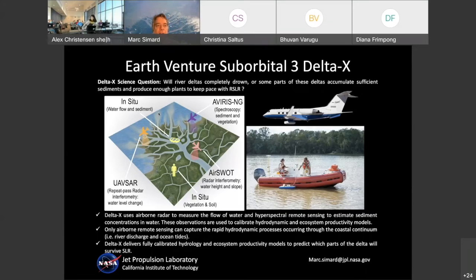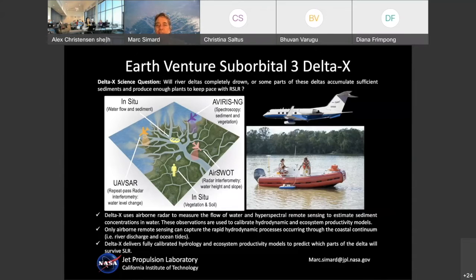So we have 3 aircrafts flying at the same time, almost simultaneously, with several boats in the water and boats on the ground. Those three instruments are AVIRIS-NG, which is an imaging spectrometer, which I'll be describing soon, and you'll hear about more later. We have AirSWOT and UAVSAR. Both are radars.